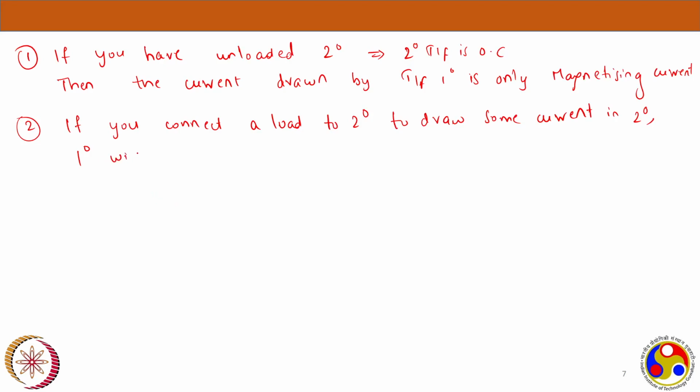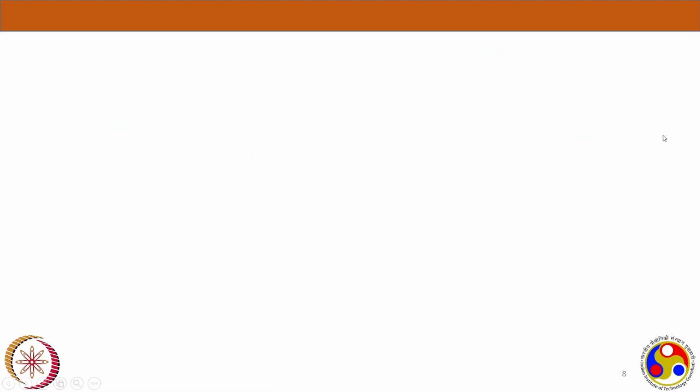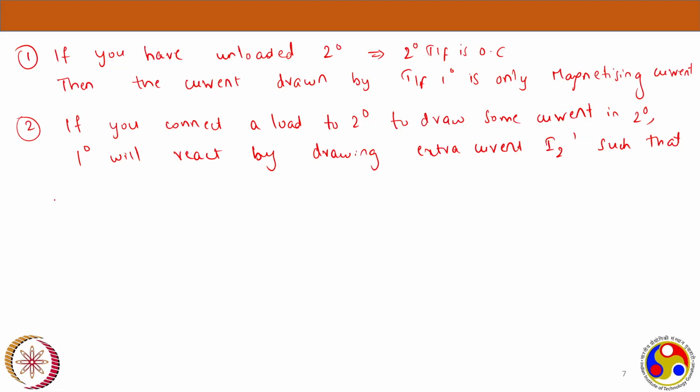Primary will react by drawing extra current, which is I2 dash, such that MMF balance will be occurring.